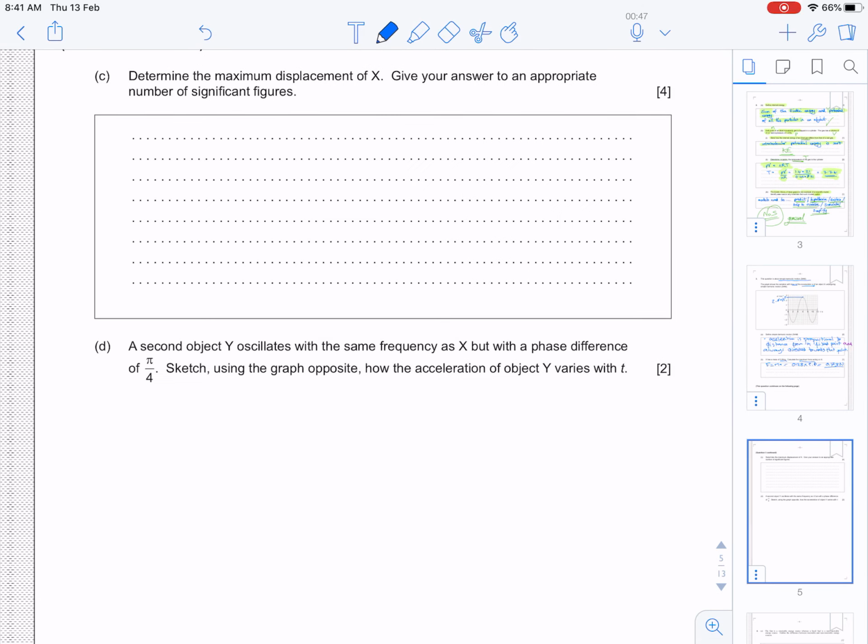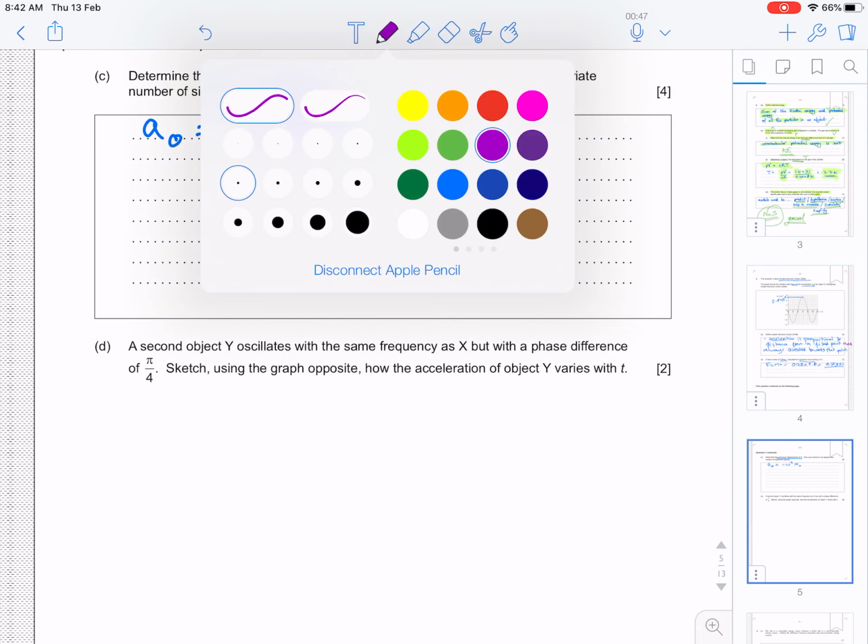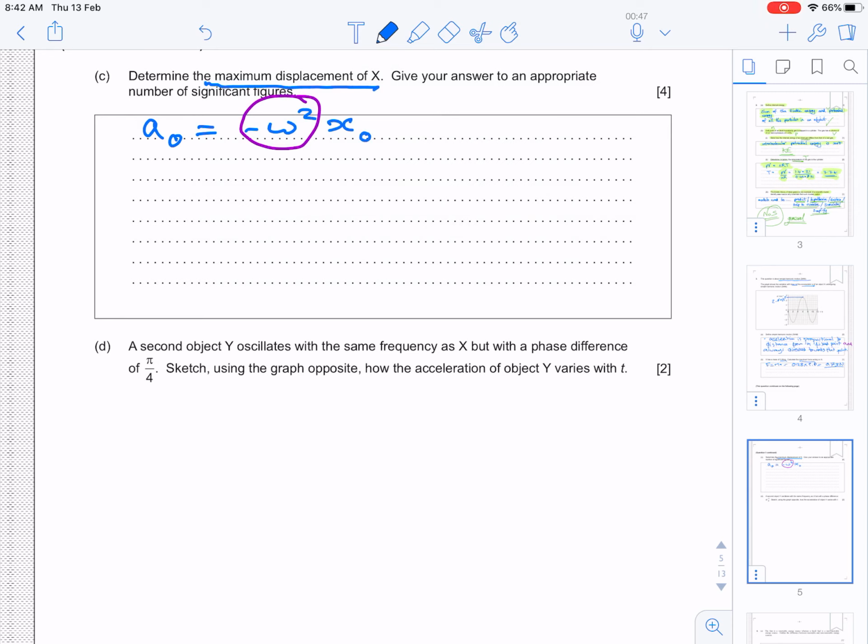All right, determine the maximum displacement of x, also known as the amplitude. So to do that, we need to use the equation which is maximum acceleration equals minus omega squared times the amplitude x naught. Now, omega squared we have to calculate, and we can do that by saying that T is 2 pi over omega.